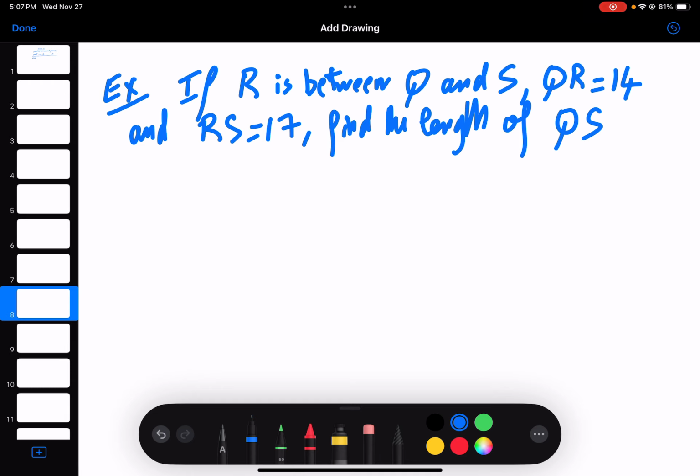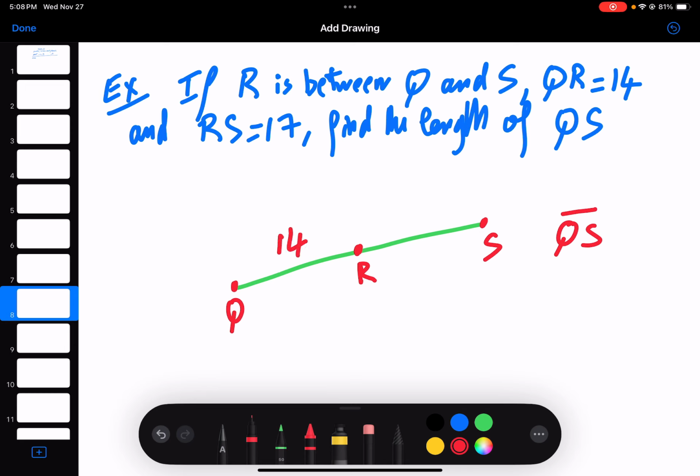So now let's put this in a drawing. We have a segment and we'll put QS. So this is the line segment QS, right? How do you represent the line segment? Just that way. All right, so if R is between Q and S, we'll stick it right here, R. And we know that QR is 14 and RS is 17.